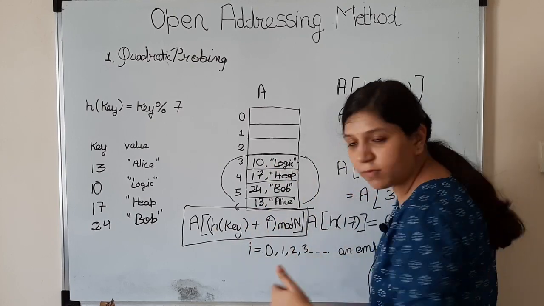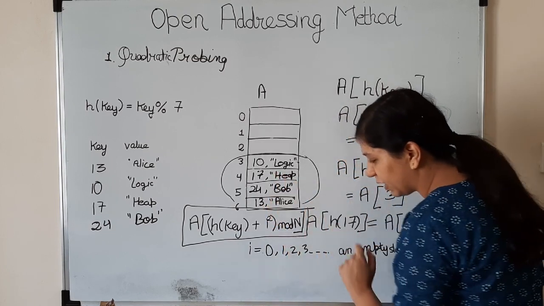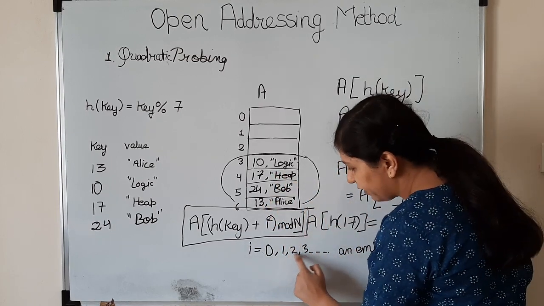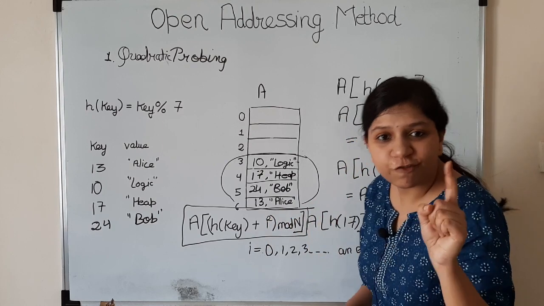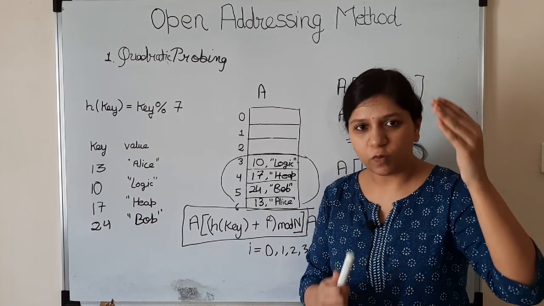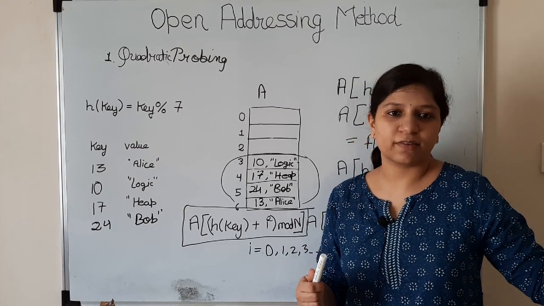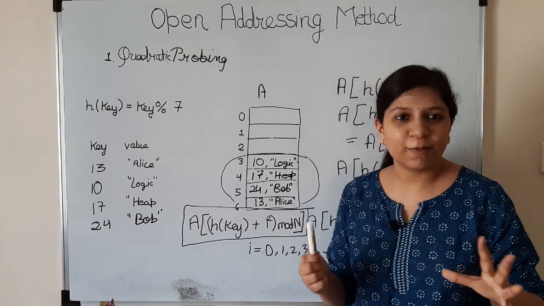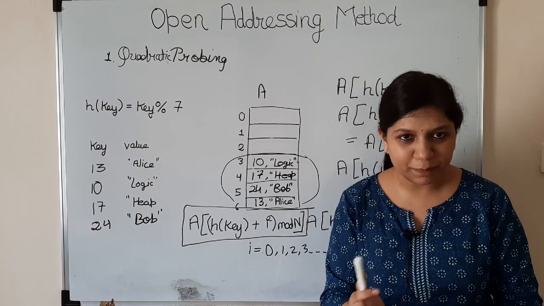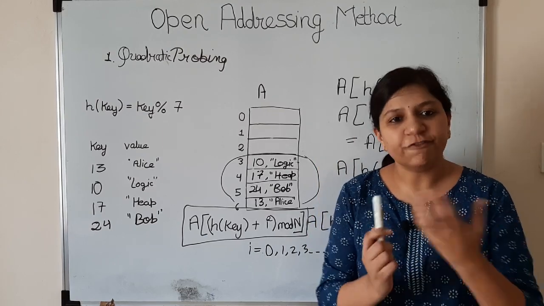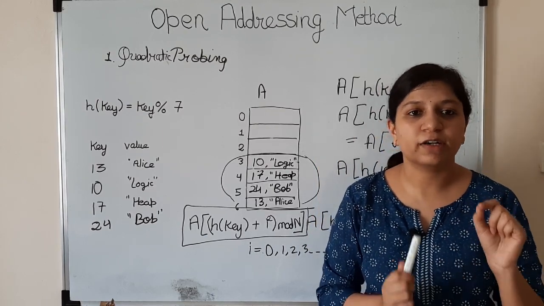Then i becomes 1, so you look at this place, suppose. Then i is 2, so 2 square, which is 4. So 0, 1, 4, 9. That is how you are progressing. So it will help you in not getting the cluster at one place. This is the benefit of using quadratic probing.